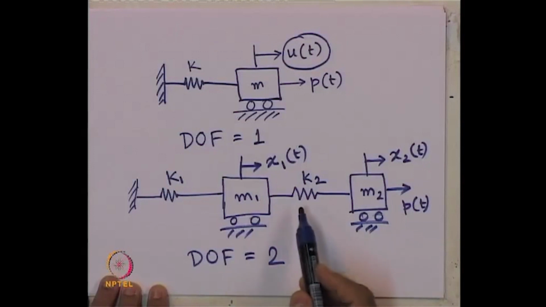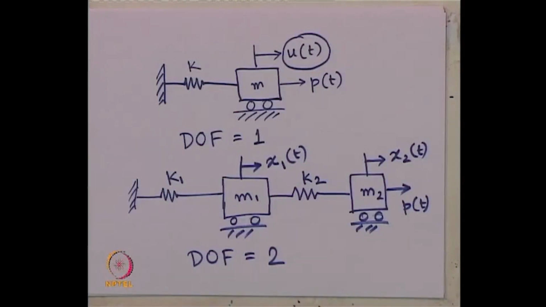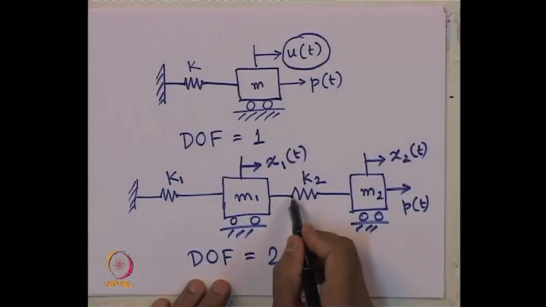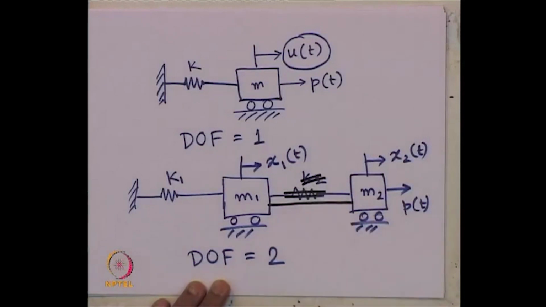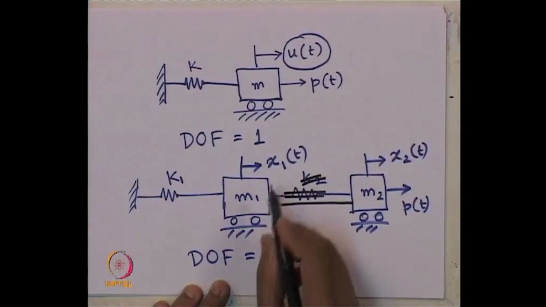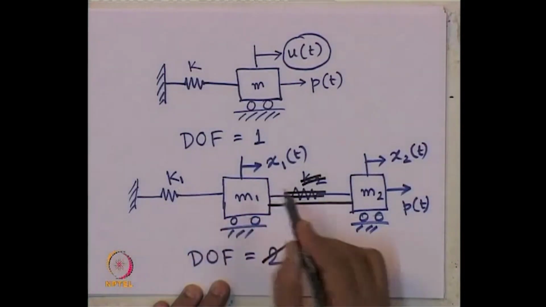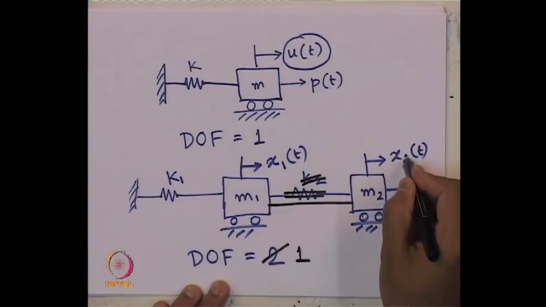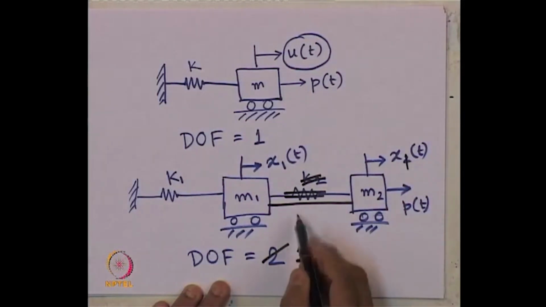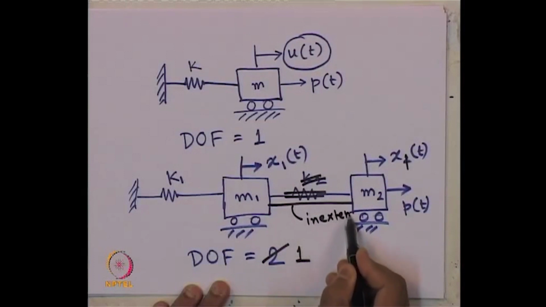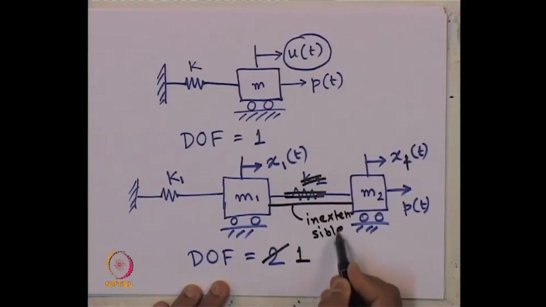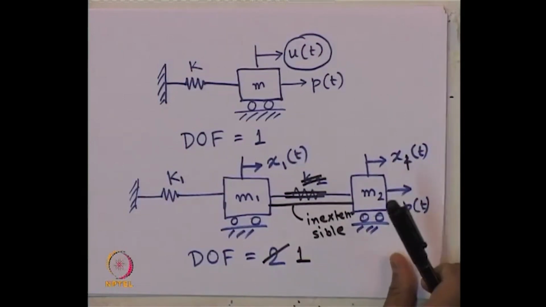But suppose we connect them through an inextensible rod instead of k 2, then the DOF will become 1, because in that case x 1 and x 2 will become the same if this rod is inextensible. Then the problem boils down to degrees of freedom 1.